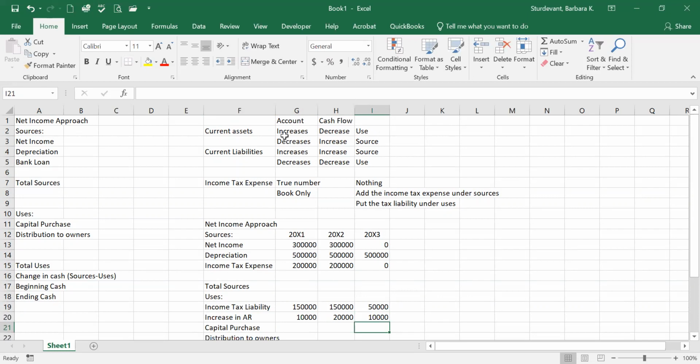Remember cash flow: if the current asset increases, it's a use because cash flow decreases. All right. What about an increase in accounts payable? Is that a source or a use? A source. Because up here again, an increase in accounts payable, a current liability, would be a source.